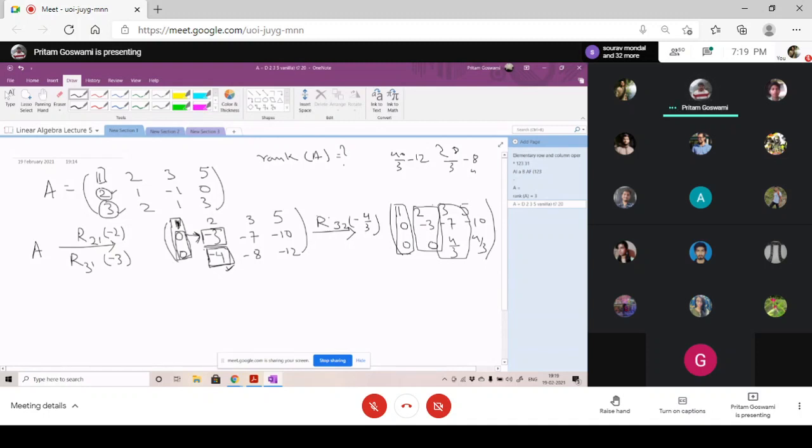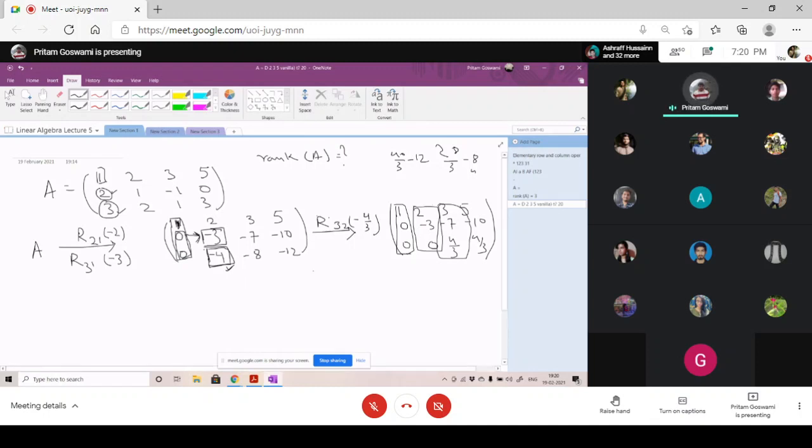Yes, sir. Because in the previous two vectors, the third position was 0 in both cases, but here it is non-zero, so you cannot write this vector in terms of the other two vectors. So these three vectors are also linearly independent, right?